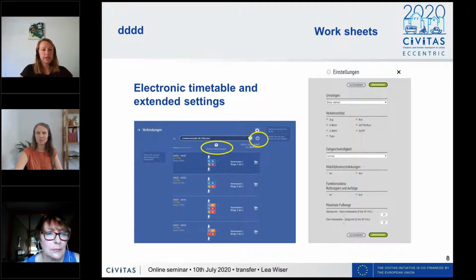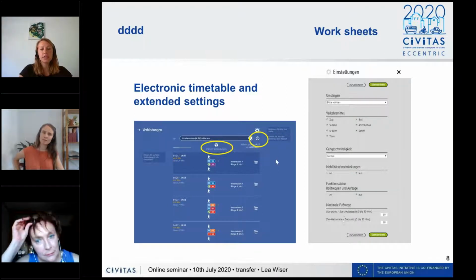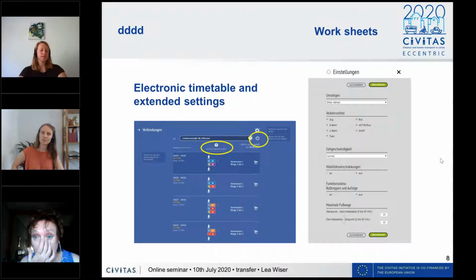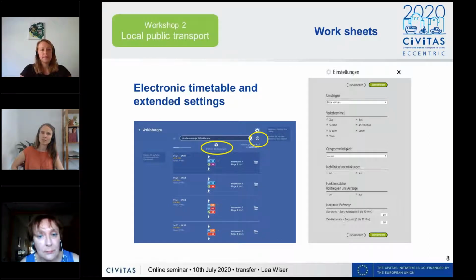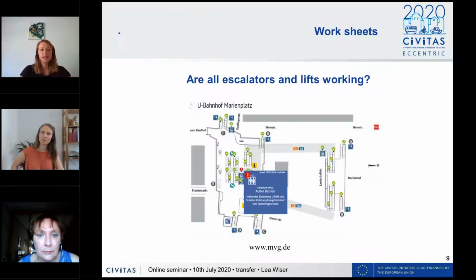So here you can see an electronic timetable and setting from a homepage from the operator in Munich, which is pretty good. You can just enter the start and ending point here, and then you can see what the quickest route is. Then here's another example.